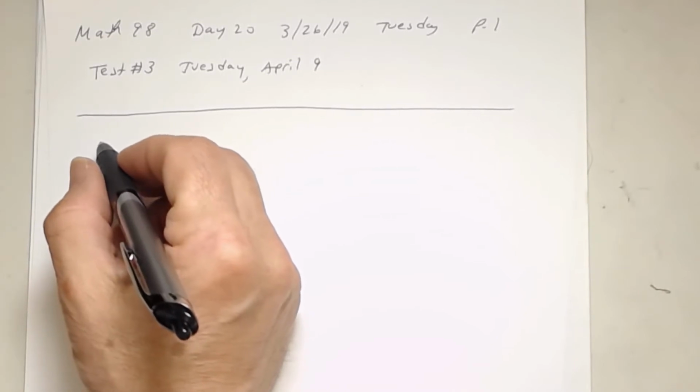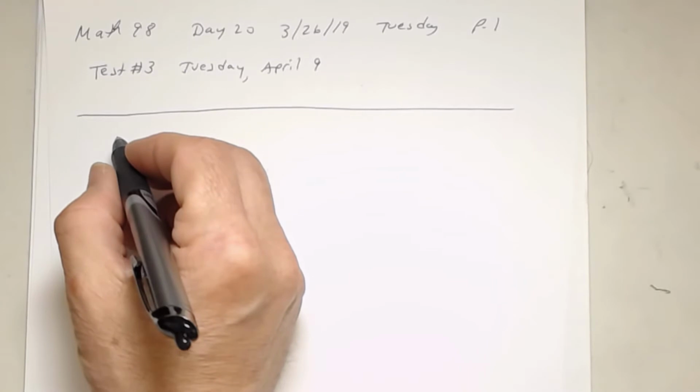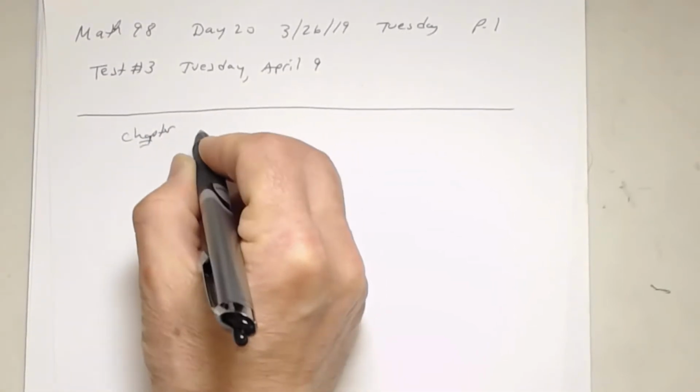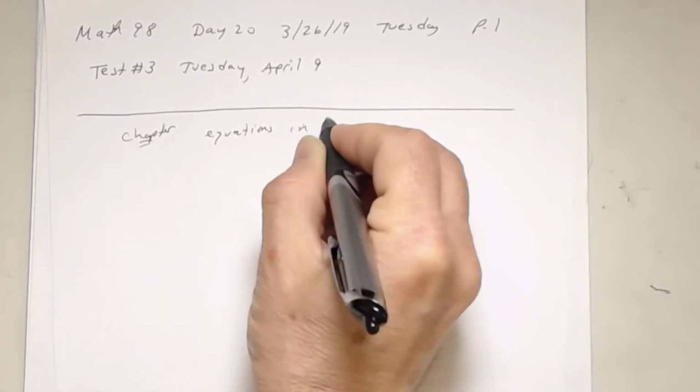If you look at all those equations, test 1, test 2, or the inequalities from test 2, how many variables were in those? Just 1. All right, now what's going to happen is that we're in chapter 10, we're going to look at equations in 2 variables.